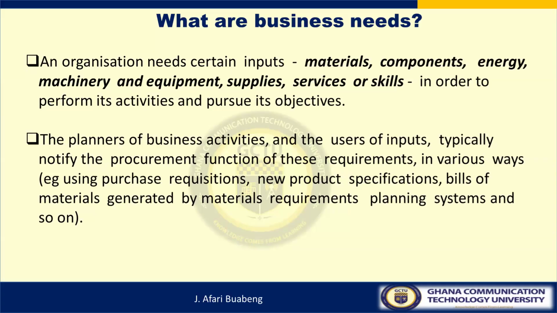So procurement was basically seen as just performing a support or administrative role. But later we saw that modern organizations don't see procurement as just administrative. In fact, the focus has changed from a mere administrative role to business focus. So that explains why we don't classify those organizational needs as just that. They are regarded as business needs.